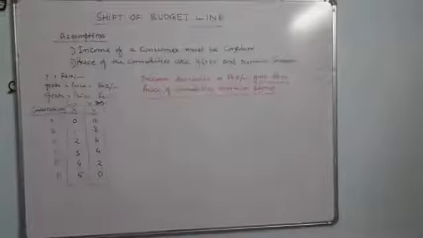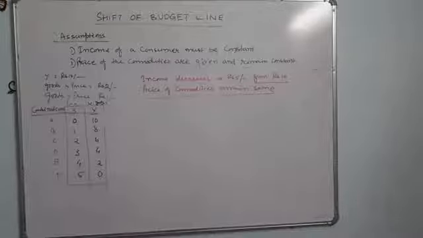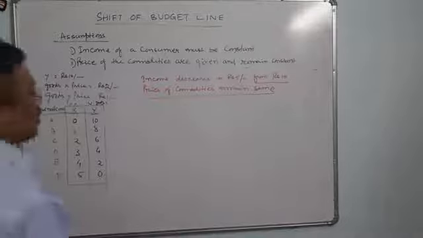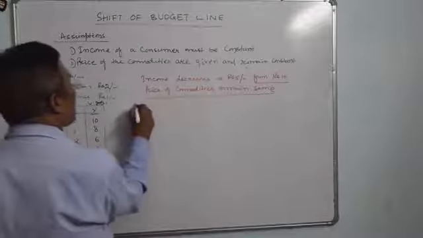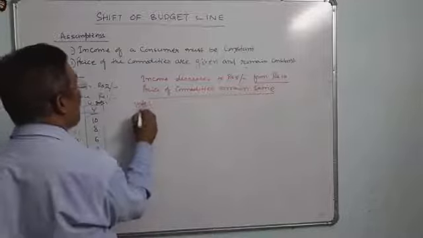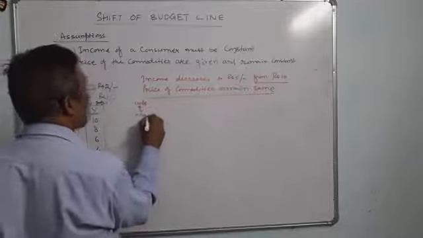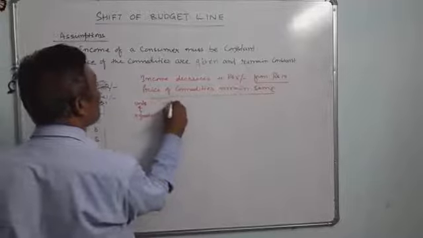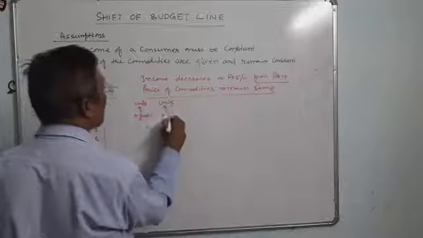So what will the effect on the budget line be? Units of X goods, units of Y goods.